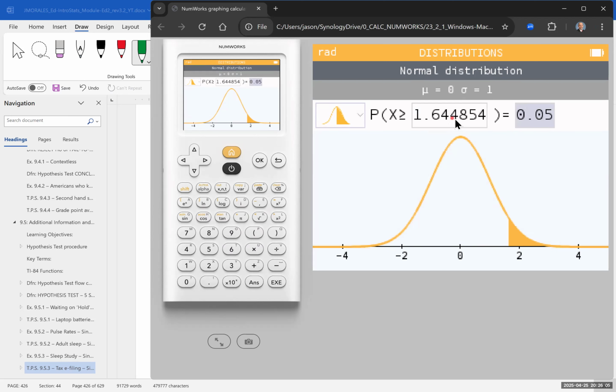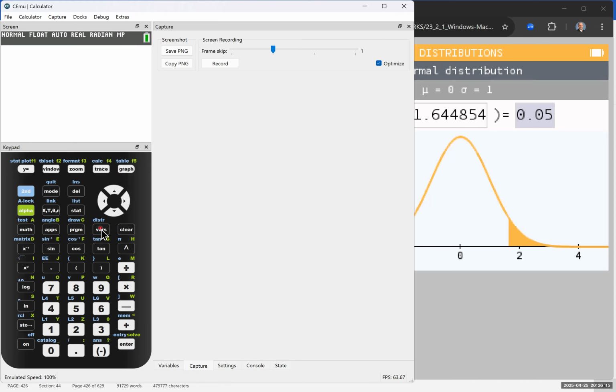Okay, on the Texas Instruments, clear out of this. We want to go to inverse norm, which is in the distribution function. So an area of 0.05, mean of 0, standard deviation of 1, and I want the area to the right. And I'll hit paste and go positive 1.645.